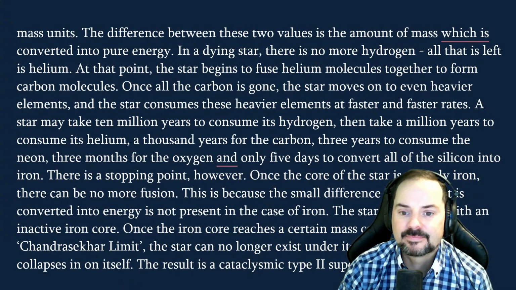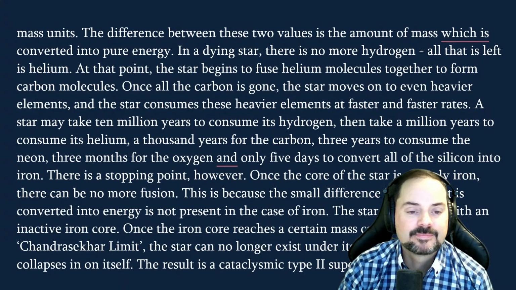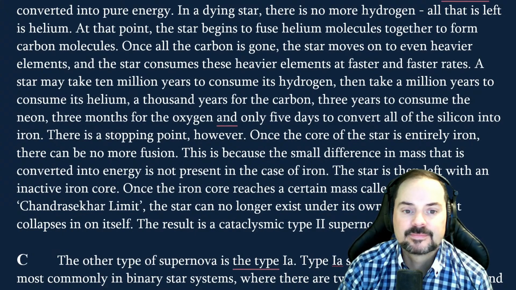In a dying star, there is no more hydrogen. All that is left is helium. At that point, the stars begin to fuse helium molecules together to form carbon molecules. Once all the carbon is gone, the star moves on to even heavier elements, and the stars consume these heavier elements at faster and faster rates.